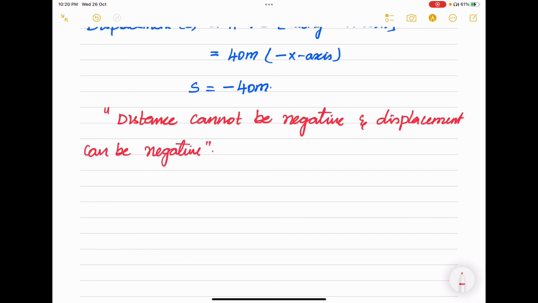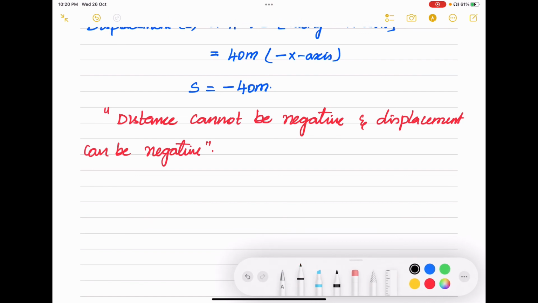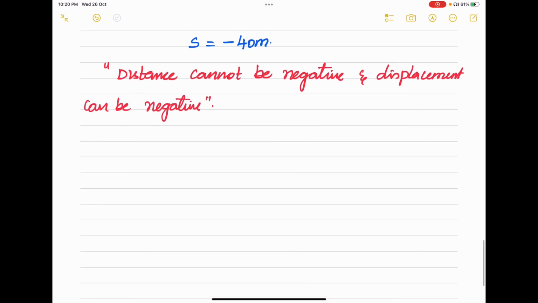On the whole, if you look at all the three cases, we can straight away conclude that distance can be greater than displacement, and distance can be equal to displacement. Thus we can say that distance is always greater than or equal to displacement. First conclusion.